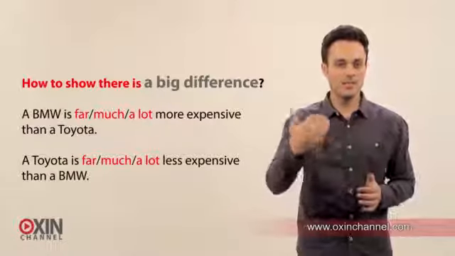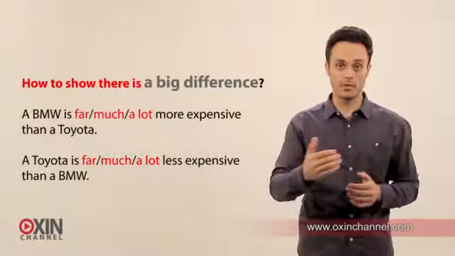Now, let's say a BMW is worth $500 million, and a Toyota is worth, let's say, $50 million. So there is a big difference. The gap is huge. Now, how do I show that?